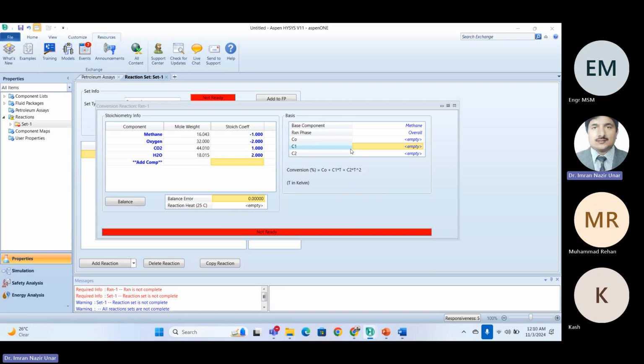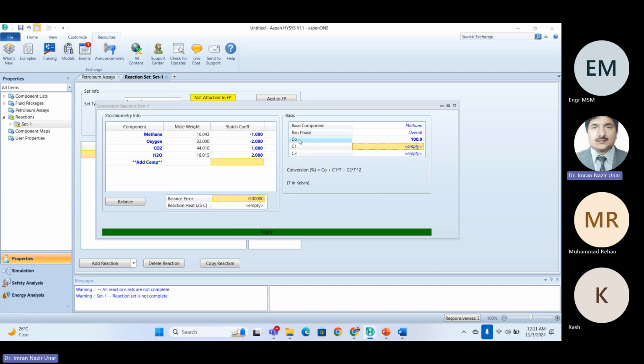So if we are not interested in making it temperature dependent, we do not put any value in these two coefficients, and we can say that okay, 100% conversion is there. When methane and oxygen come closer to each other, they must react.